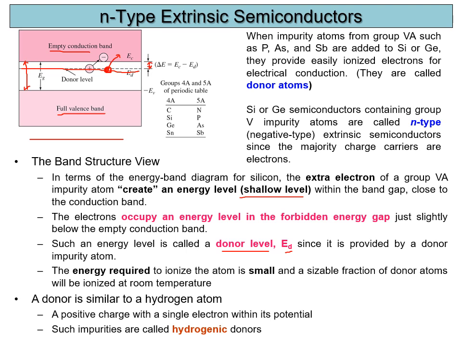A donor is similar to a hydrogen atom, a positive charge with a single electron within its potential. Such impurities are called hydrogenic donors.